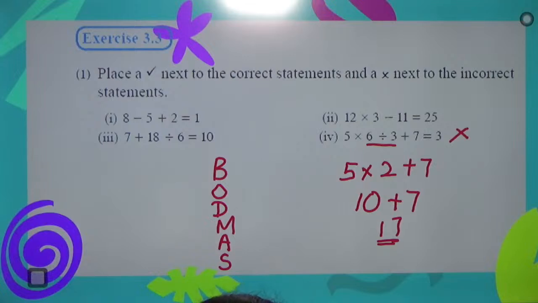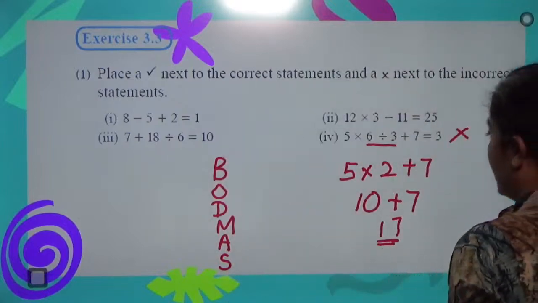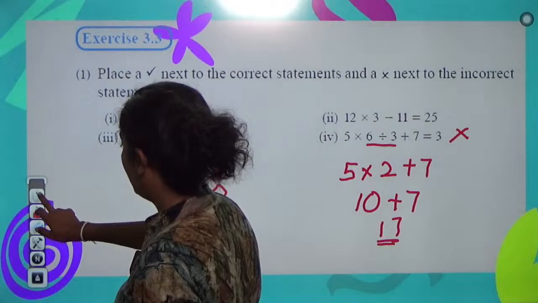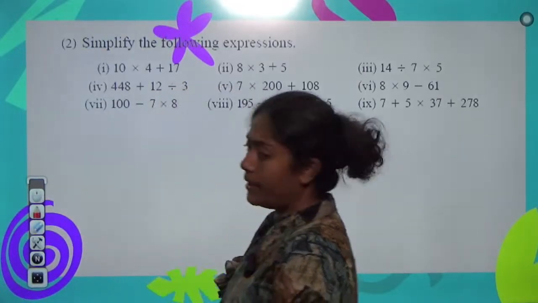Right, finish. Okay. Now done, okay. Right.